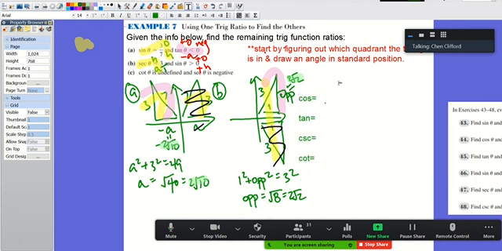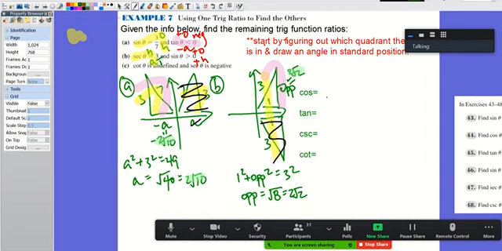Okay, give me 1 second, folks. So now cosine would be 1 over 3.